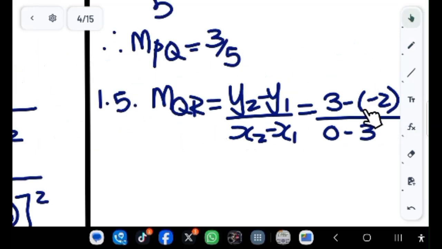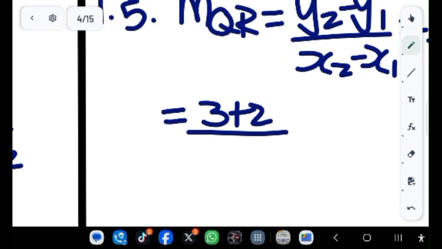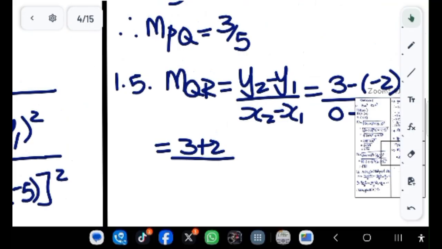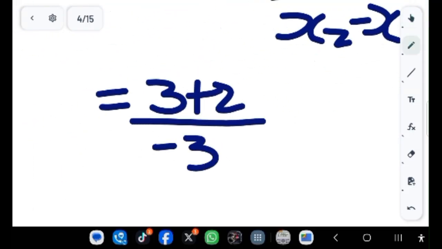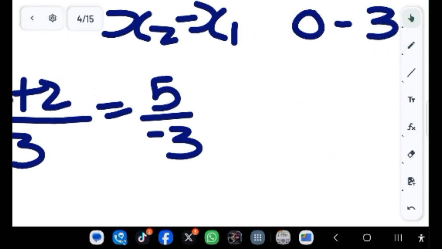That gives us 3 plus 2 over negative 3, which equals 5 over negative 3, which is negative 5 over 3.